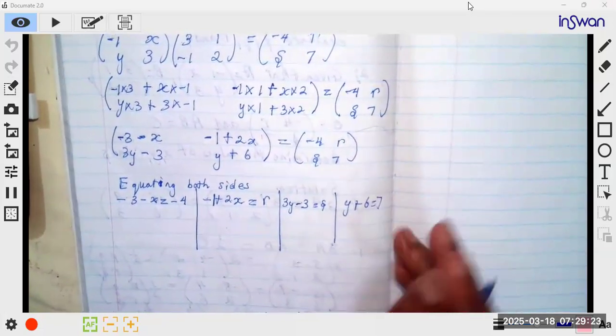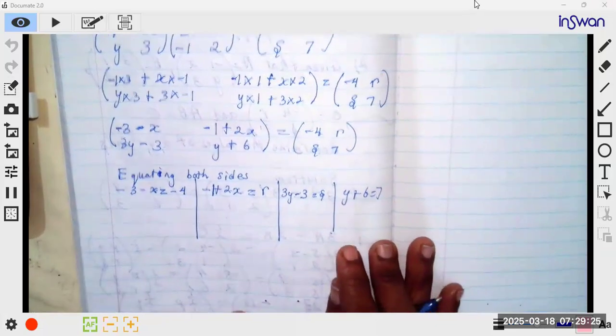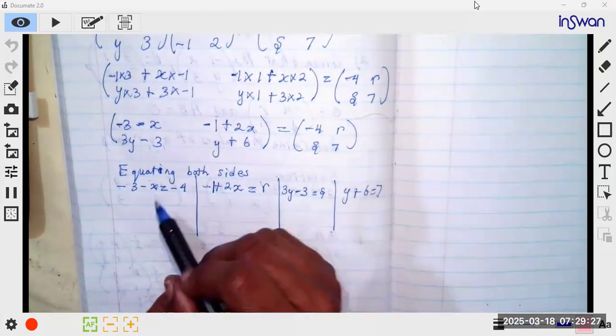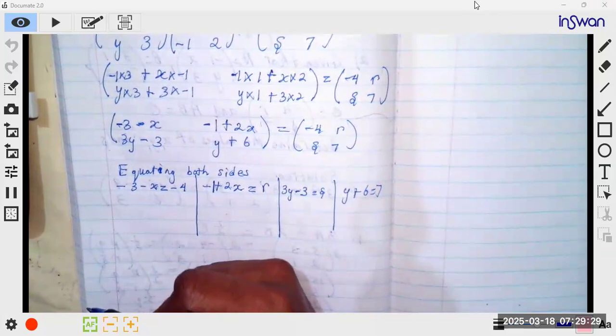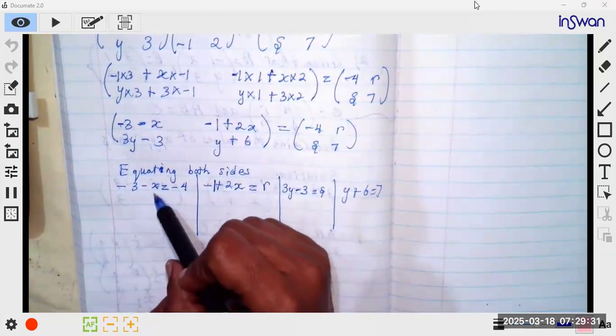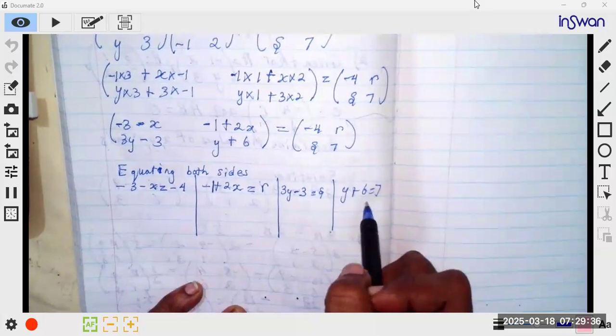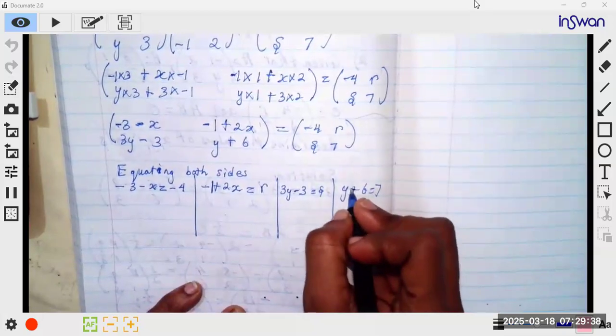So which two should we solve? We should solve 3 minus x, that one, and the y. Yes, miss.